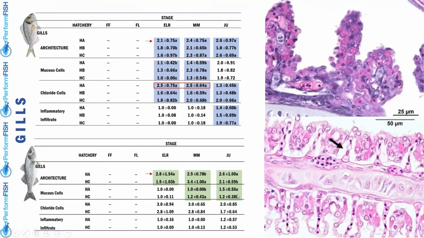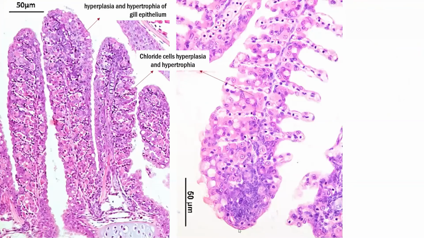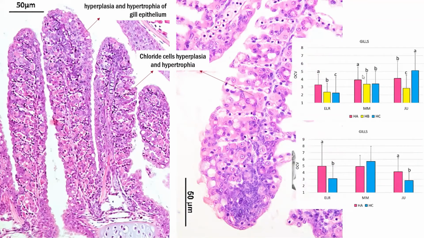It would be interesting to investigate what is the noxa of chloride cell hypertrophy, very well shown in this image, but also in this other image. You can see the hyperplasia and the hypertrophy of the gill epithelium, but also of the chloride cells, and analyzing the OCV, in some cases it exceeds the 3.5 threshold.